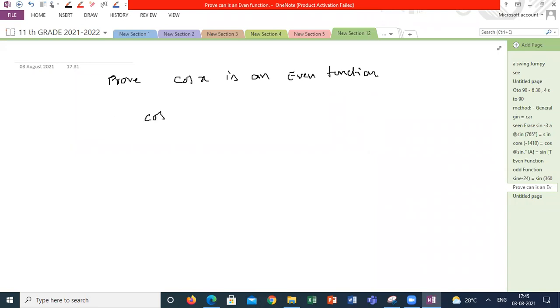Cos of minus x will lie in the fourth quadrant. Cos of 0 minus x, fourth quadrant, supplementary angle. Sir, in the fourth quadrant, cos is positive. Yes, cos will remain cos and the angle x.